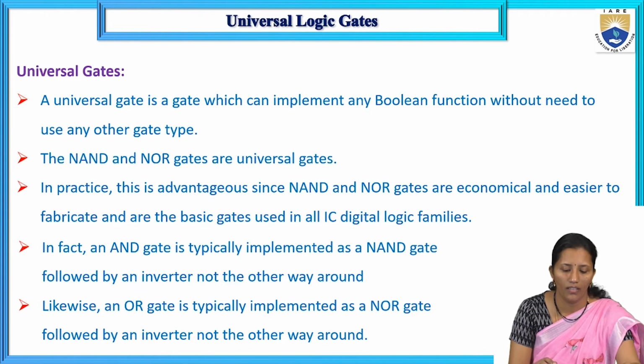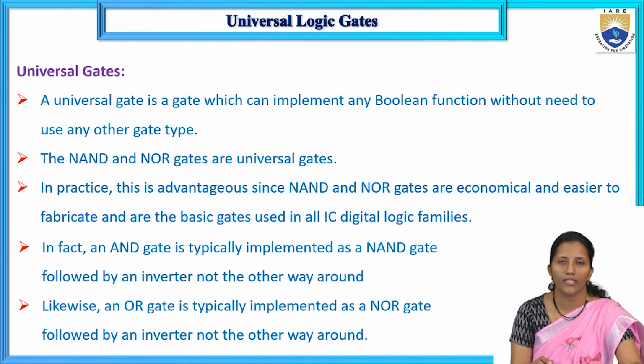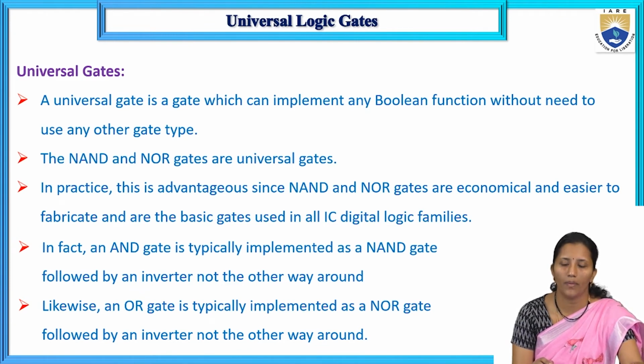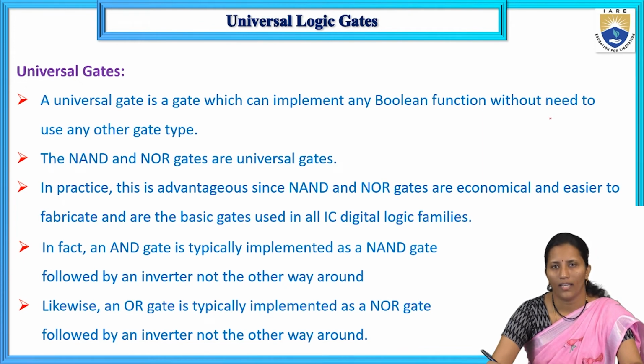So, universal gates. A universal gate is a gate which can implement any Boolean function. We can construct any Boolean function by using these universal logic gates. We have so many gates: AND, OR, NOT, exclusive OR, exclusive NOR, NAND, NOR.